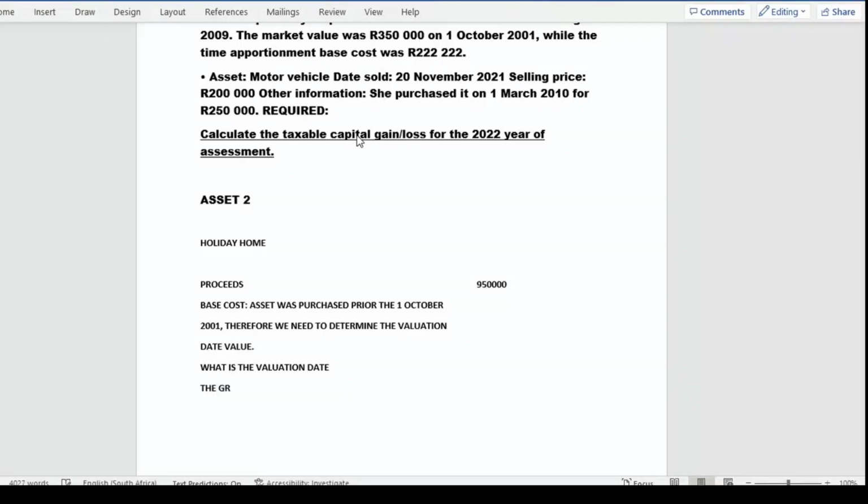The greater between the market value, the 20% rule, and the time apportionment base cost.